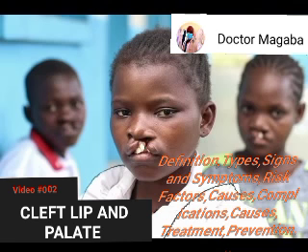A child can have a submucous or hidden cleft palate. This happens when there is some tissue called the mucous membrane that covers the cleft. Are you getting me?